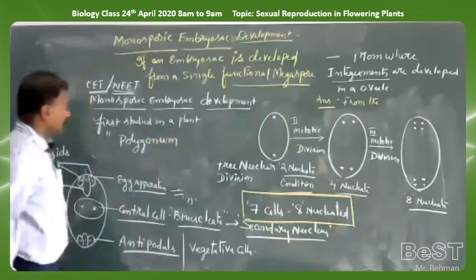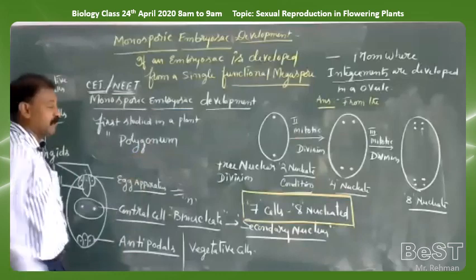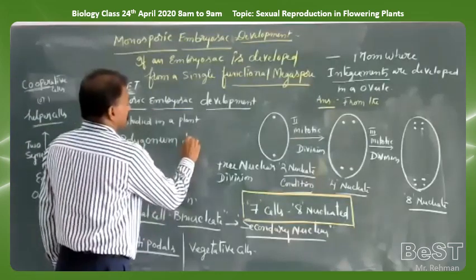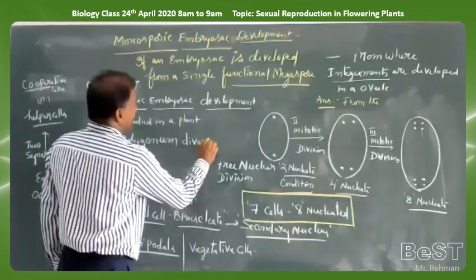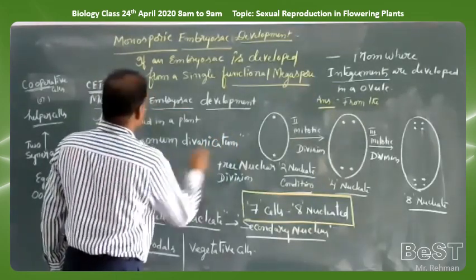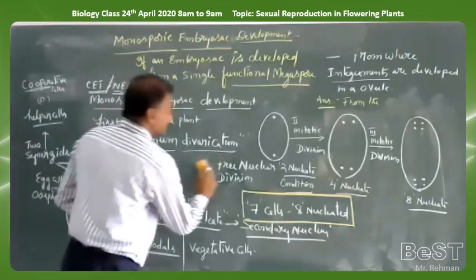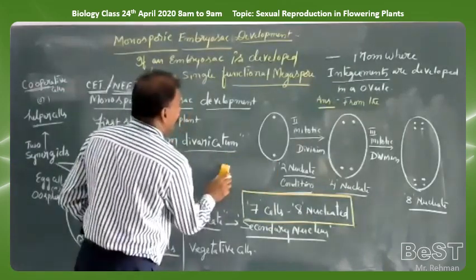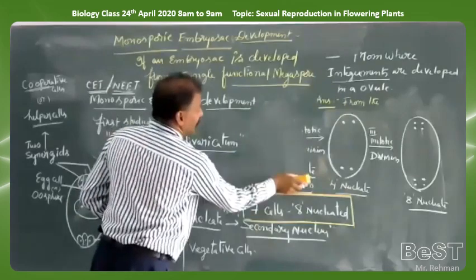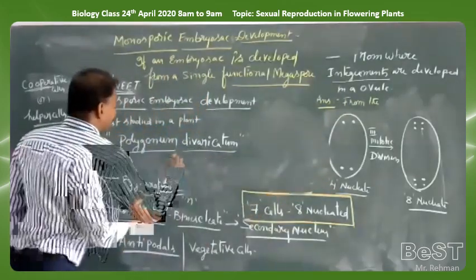Simply, we can call this Polygonum type of embryo sac development.